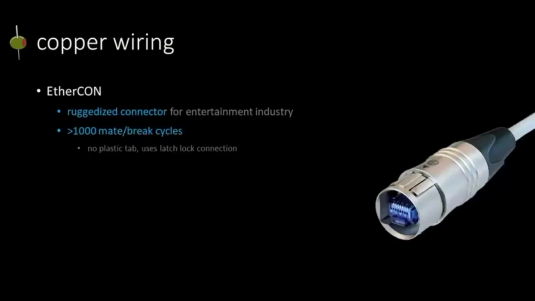And EtherCon is a ruggedized connector that was built specifically for us. It has over 1,000 mate and break cycles, so there's no little plastic tab. It actually uses an active latch lock connection, like microphone connectors and other XLR connectors, to make sure that it's engaged and solidly clicked into place. So EtherCon is really, really good when you're doing networking for production.